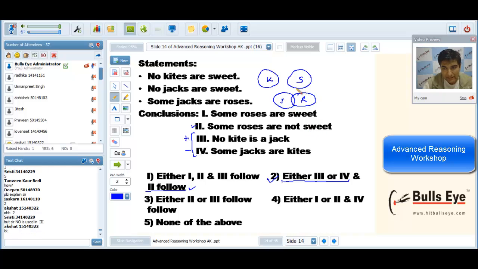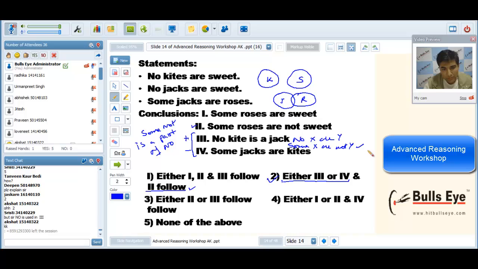As we have drawn the diagram, it says either no roses are sweet or some roses are not sweet. Some not is a part of no. When I say no x is y, this means some x is not y is also true.